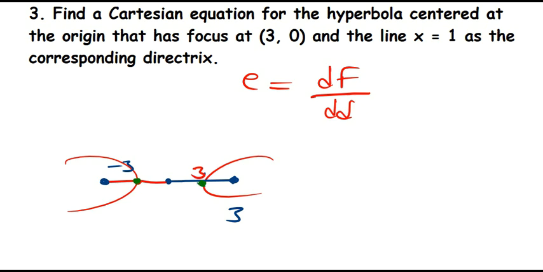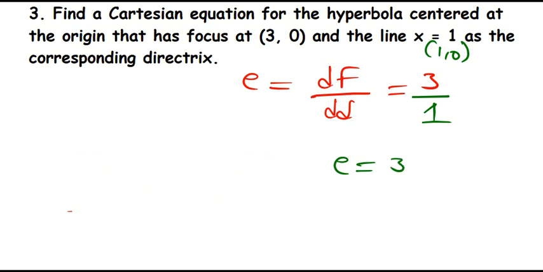Therefore the distance to the focus is just 3, and the distance to the directrix, at x equals 1, is 1. With 1 on the bottom, that gives us an eccentricity of 3.